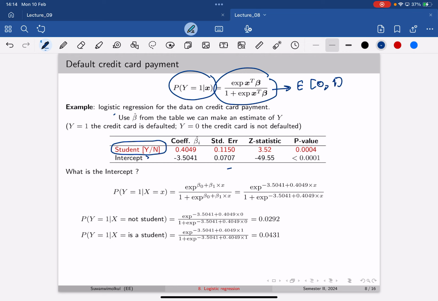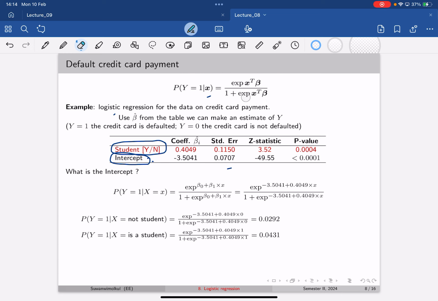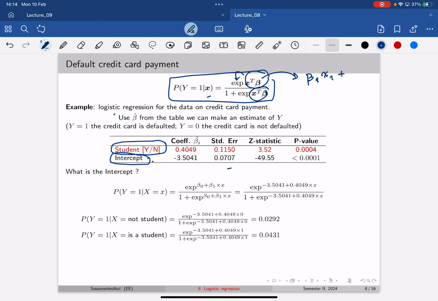And the intercept here is a bias value. Let's say we have just one input, that means if we fed this x into the linear mapping and then the sigmoid function, our beta here is just beta 1, so beta 1 times x1, because we have only one input. And the intercept corresponds to beta 0.